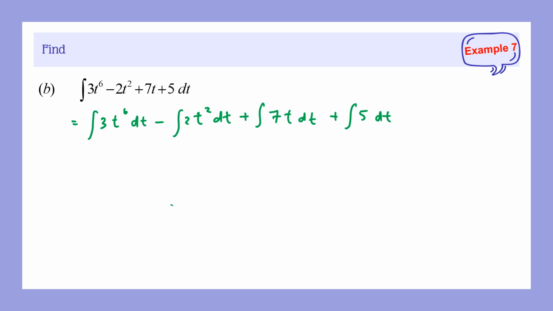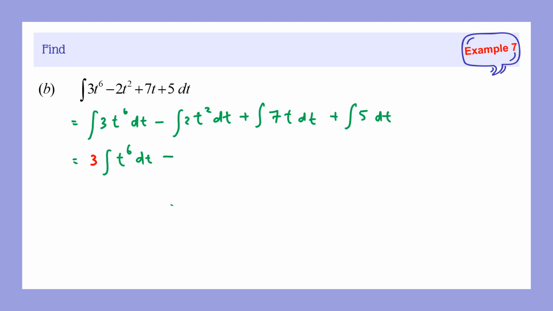We have 4 parts. The first one, the integral of 3t to the power of 6 dt. Since we have constant 3, we can bring 3 to the front. So we get 3 times the integral of t to the power of 6 dt, minus, the second one, the integral of 2t squared dt.